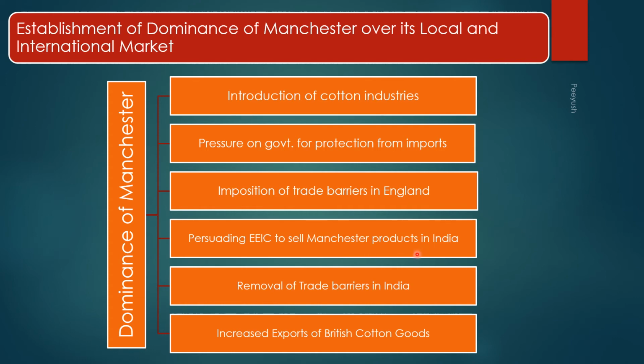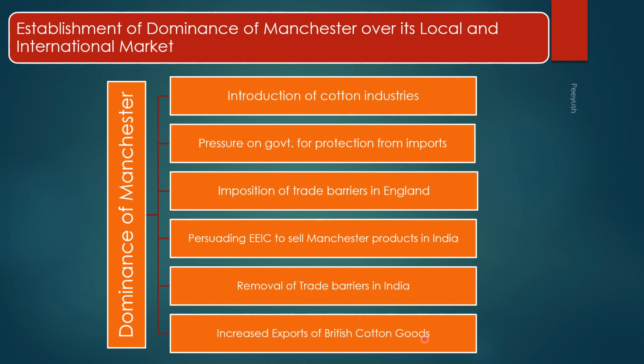And for that, the East India Company decreased the taxes on imports in India, and Manchester products started flooding the Indian market. Thereafter, removal of trade barriers in India, as we have discussed. So trade barriers were removed in India, and thereafter the products flooded the Indian market, and thus increased exports of British cotton goods.